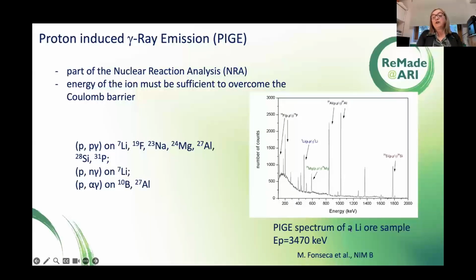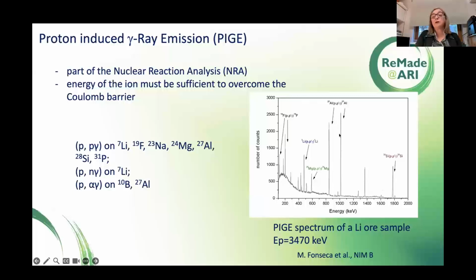And here is an example of one PIGE spectra. This is a spectra of lithium ore. And to get this spectra, my colleagues used protons with energy of 3.47 MeV. And you can nicely see and determine fluorine, lithium, magnesium, aluminum, and silicon in such a spectra.